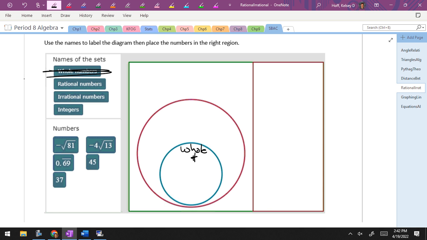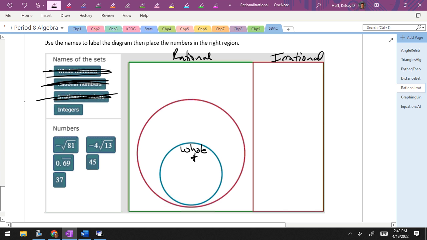Top left or top right? Rational. Which would, by process of elimination, leave me integers here. Agree or disagree? I like it.